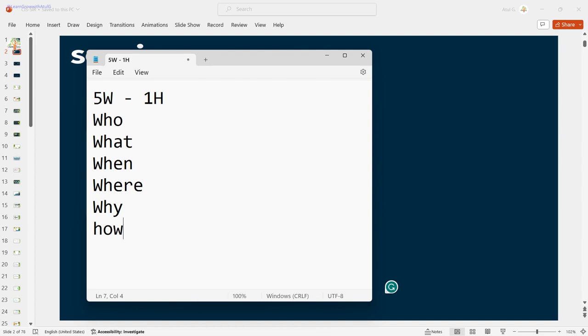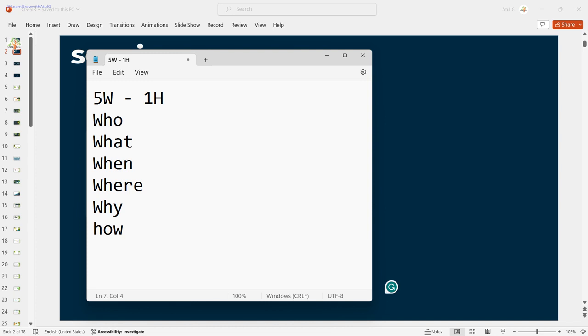Now the question comes: Atul, that's fine, you are picking up this term, but why is this required here? The point is that before we start any implementation, we need to understand who my stakeholders are, and today's topic is mainly on that part. Who are my stakeholders for whom I'm going to implement this particular tool?